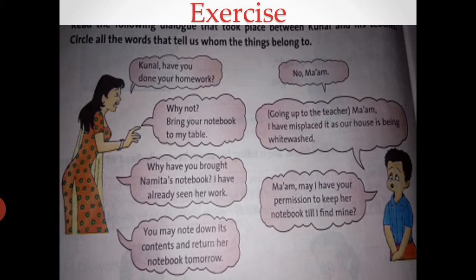First I am reading the exercise. This is a worksheet. Read the following dialogue that took place between Kunal and his teacher. Circle all the words that tell us whom the things belong to.